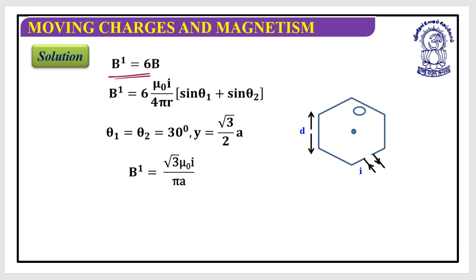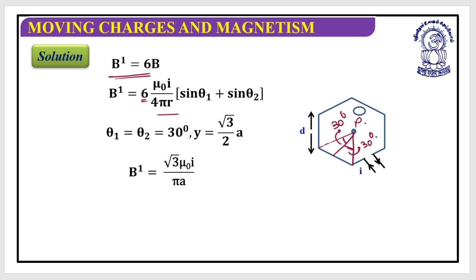Now let's assume any one of the sides, something like this. Then this would be the distance, and this angle and this angle, both would be 30 degrees. Do you understand this? Great. This is point P. So let's calculate for any one of the sides, and then I will multiply it by 6.